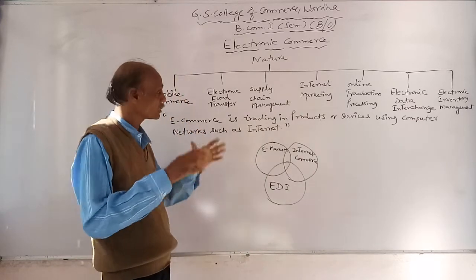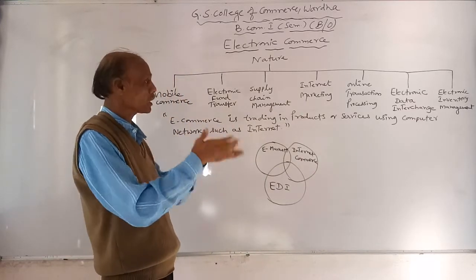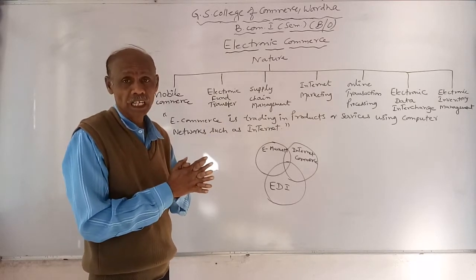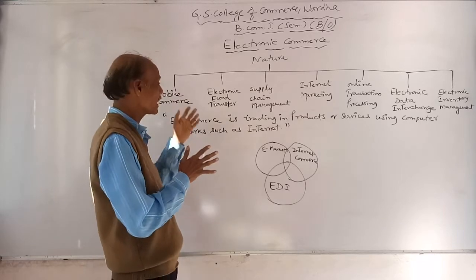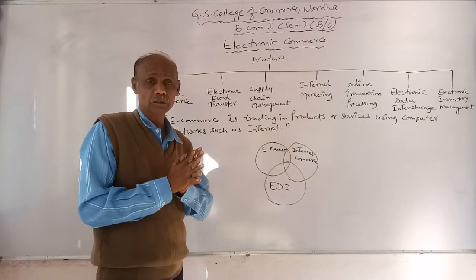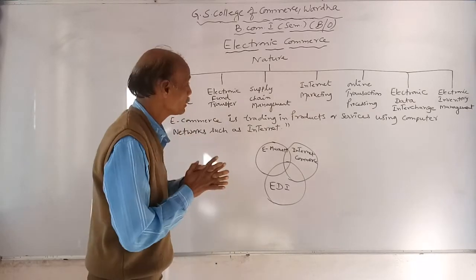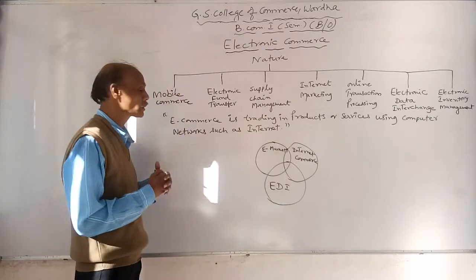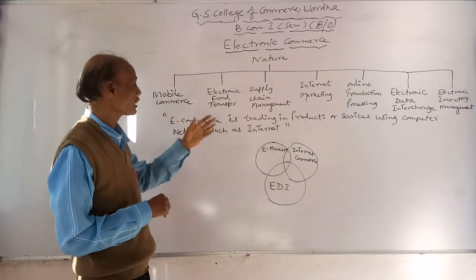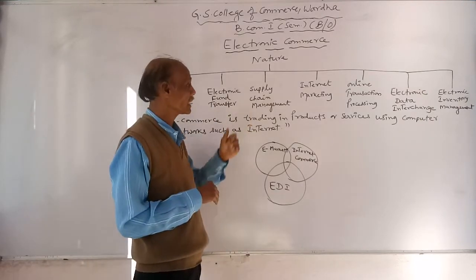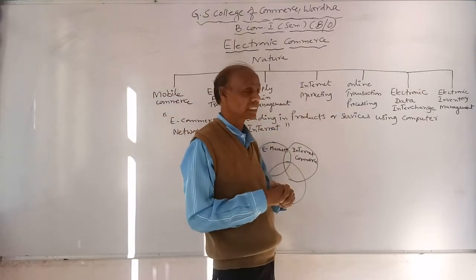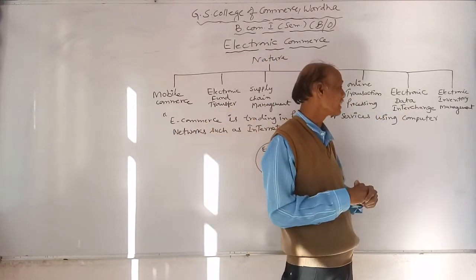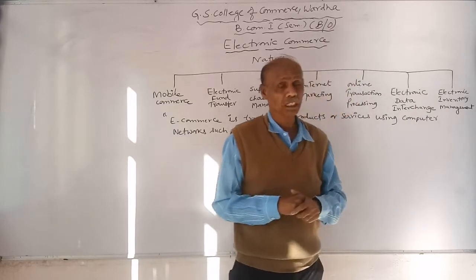So on the overall look of the nature of e-commerce, we have certain buzz areas which are widely used for the successful conduct of e-commerce activity. What are those? Mobile commerce, electronic fund transfer, supply chain management, internet marketing, online transaction processing, electronic data interchange, electronic inventory management.